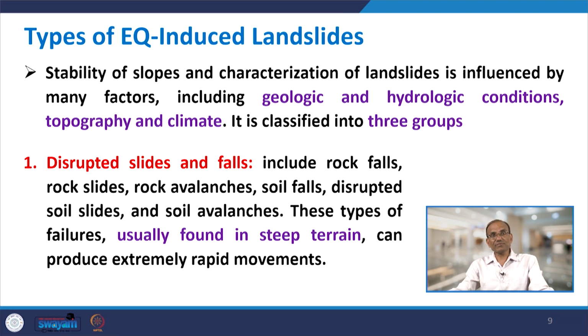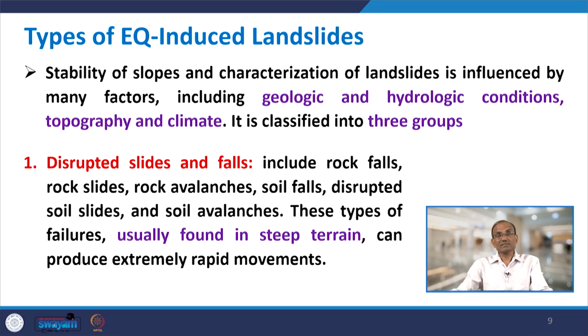Coming to the types of earthquake-induced landslides, the stability of slopes and the characterization of landslides is influenced by many factors. And what are those factors? It includes geology, hydrology conditions, topography, that is basically the slope characteristics, and climate.